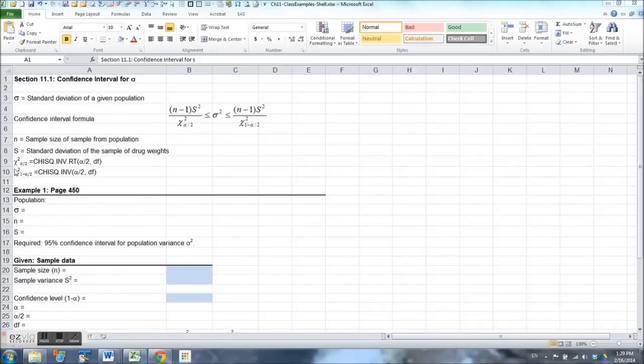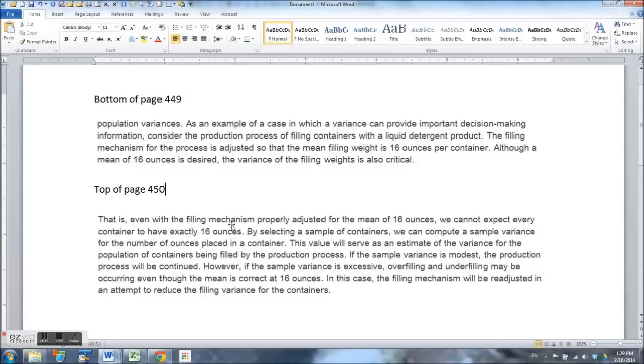So we're going to look at an example from page 450. That example is about a filling station that fills 16 ounces per container of some liquid detergent product, and we want to develop a confidence interval for the variance in the amount filled in the containers.